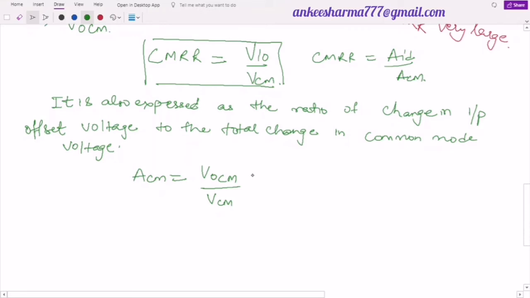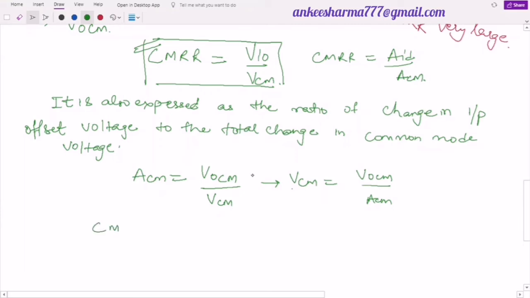So from here I can say that VCM is equal to VOCM divided by ACM. Why am I using it? Because I will substitute this value of VCM in this first value of CMRR.